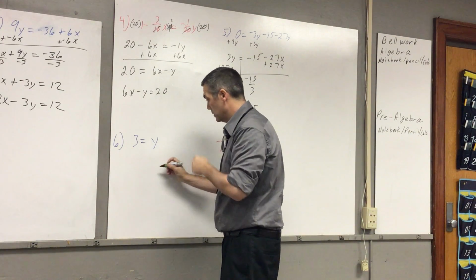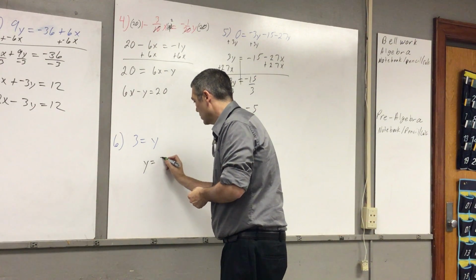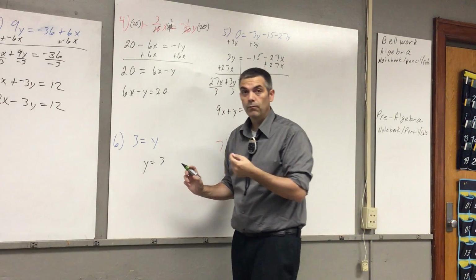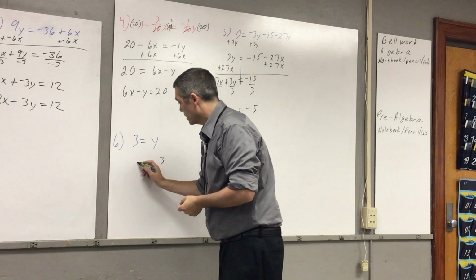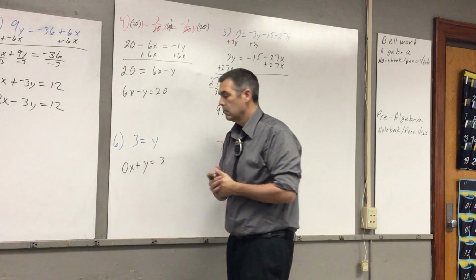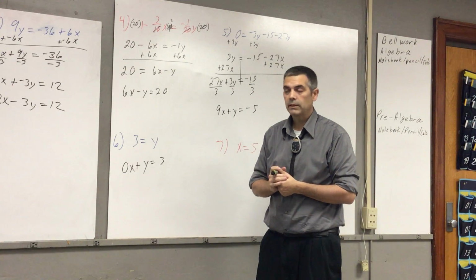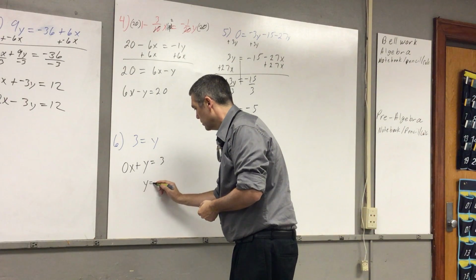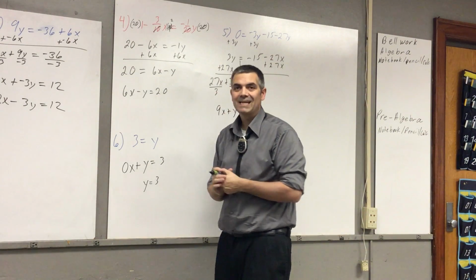I'm going to reverse this. Y equals 3. But this is in standard form. Because what you really have is this 0x plus y equals 3. See how this and this are really the same thing.